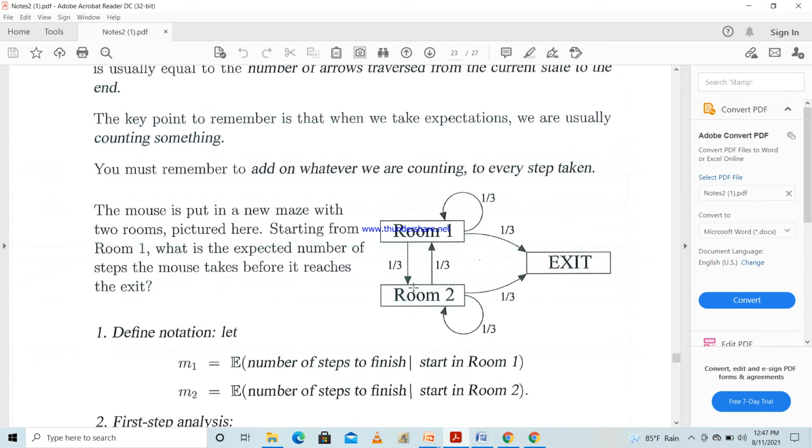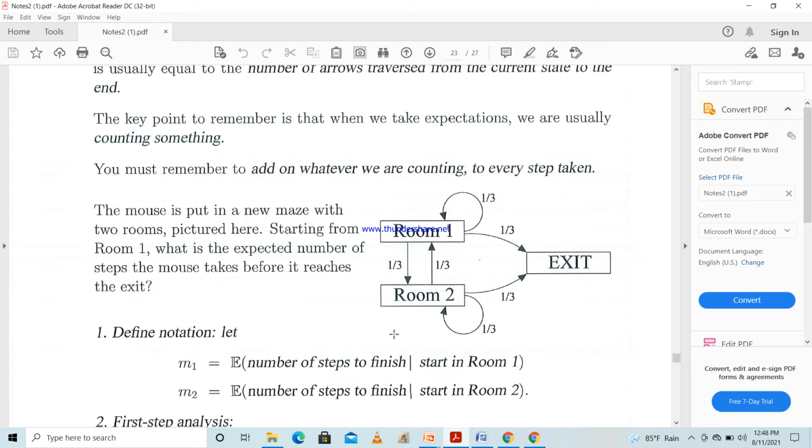So our question is, starting from room number 1, what is the expected number of steps the mouse takes before it reaches the exit? Now the mouse is in room number 1 and wants to get out of this maze. So what is the expected number of steps that the mouse has to take in order to reach the exit point?